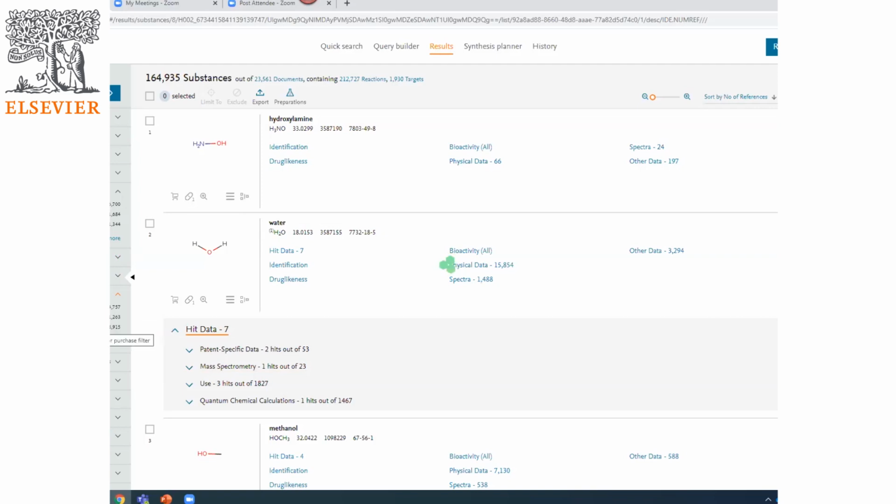There are compounds only available for purchase, and compounds which are approved drugs. So you can choose one of the options from this. Also, Reaxys index information from PubChem, from e-molecules, Lab Network, Sigma Aldrich. And if you're interested to find more from these databases, you can use these filters as well.